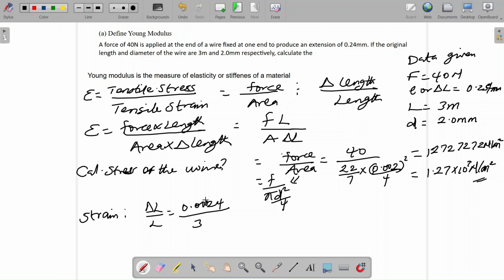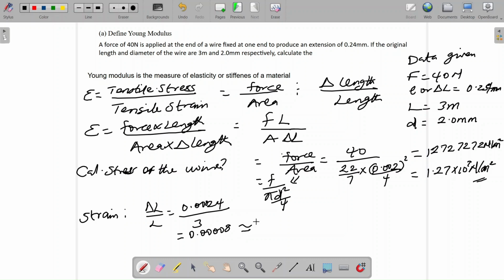So we have 0.00024 divided by 3, which is equal to 0.00008. So strain doesn't have units because meter cancels meter.